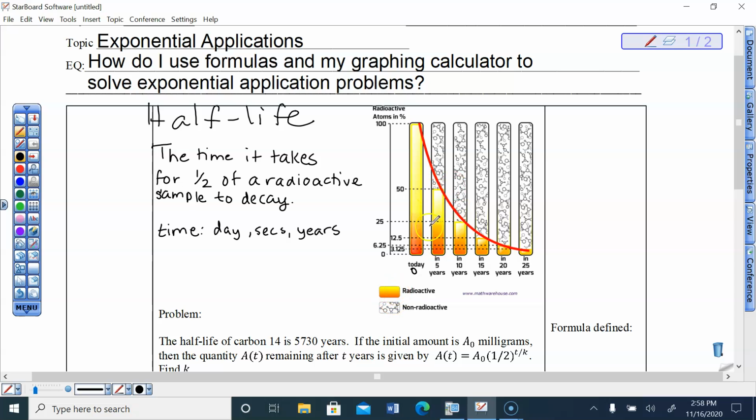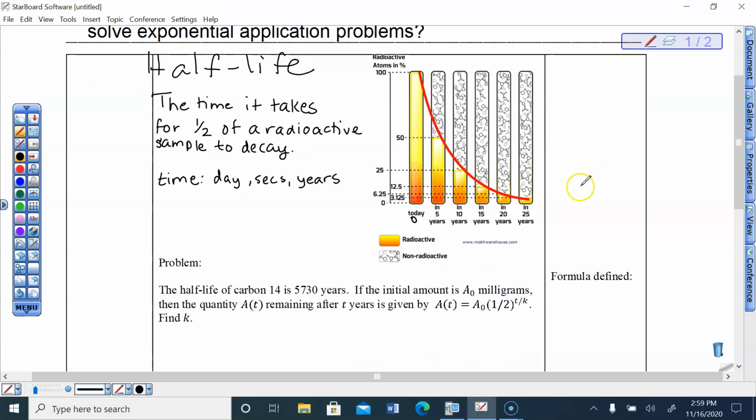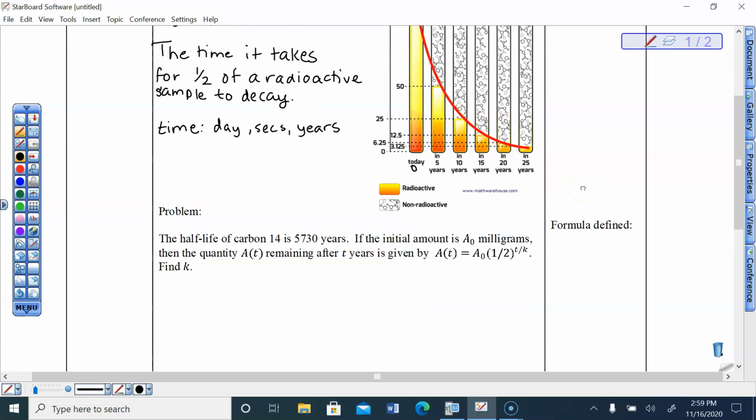And then in 5 years, only 50% of the isotope or the atoms are radioactive. And then in 10 years, it would have only 25%, etc. So that's a really good example of a radioactive half-life, okay?